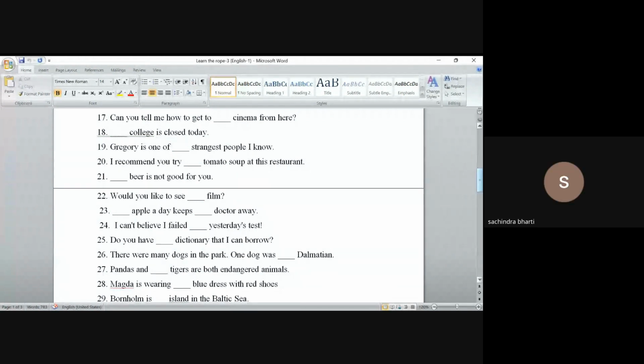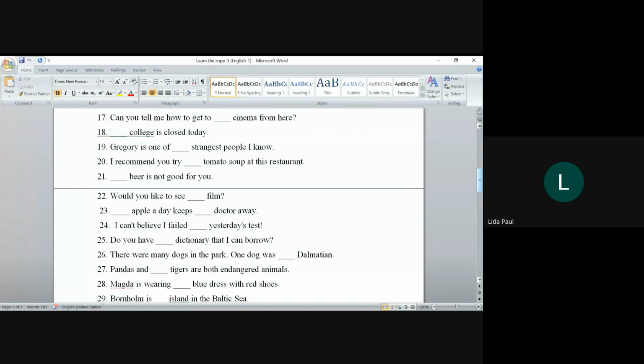Specificity, right? So you try the tomato soup at this restaurant. I can say you try tomato soup, that is fine. But because "at this restaurant" is there, it's making the context more specific. So, try the tomato soup at this restaurant.